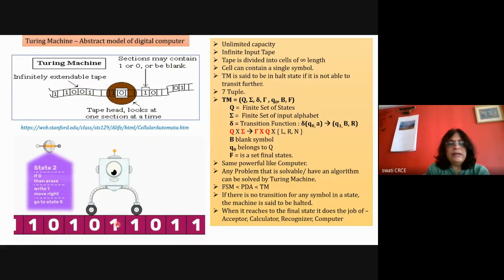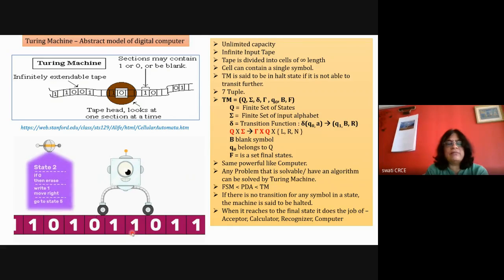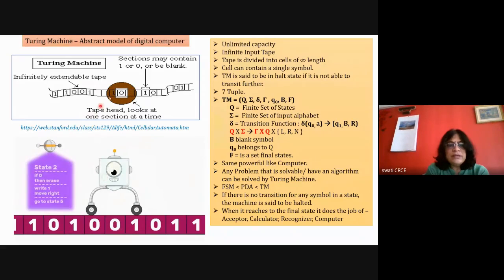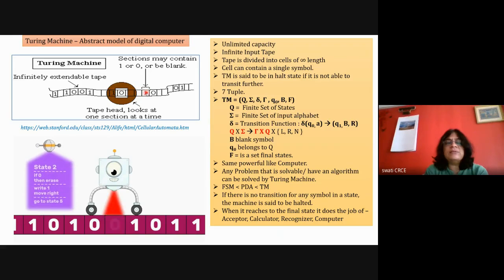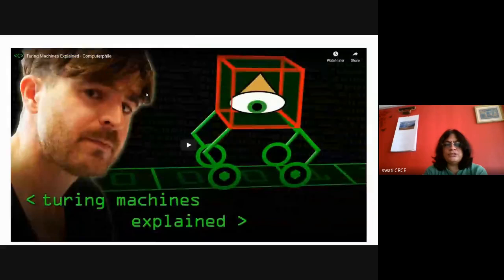It can only read, and by default after reading it goes to the right. If finite state machine and push down machine work that way, it will read the zero. After reading, by default it goes to right. After reading the next symbol it will go to right. So finite state machine and push down machine work in this manner. They cannot perform a write operation.